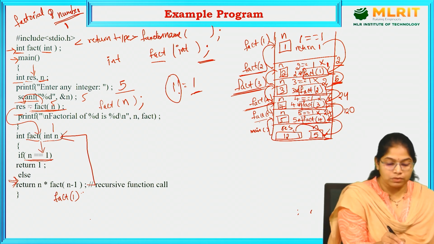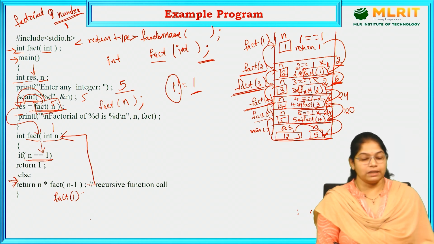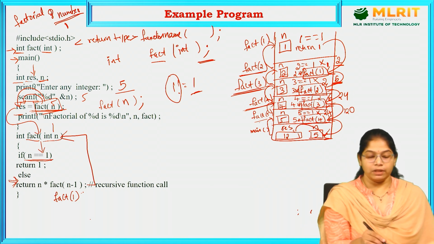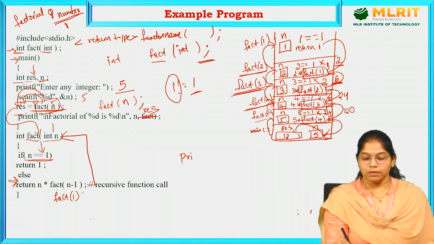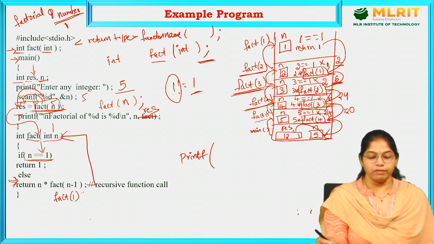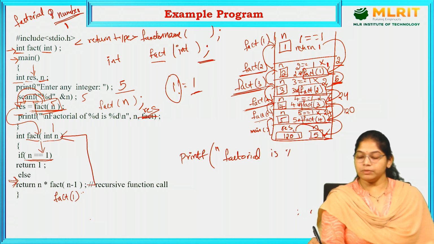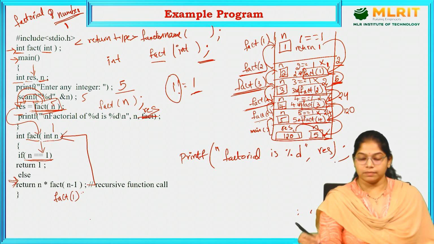So, now fact of 5 is 120, which is stored in the variable result. If we want to print the factorial of 5, then use the predefined function printf to print the value: printf factorial is, where this is an integer type, so the format specifier is %d, comma, result.